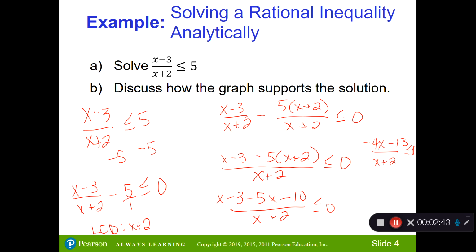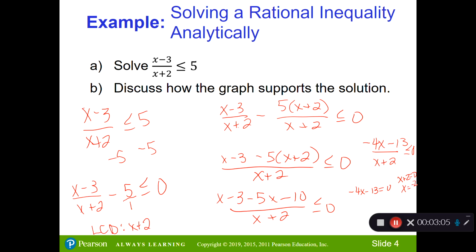Now, if it's less than or equal to 0, that would mean it is 0 or it is negative. So I'm going to identify the two places where it's 0 or undefined by setting the numerator equal to 0 and the denominator equal to 0 and solving each of those.